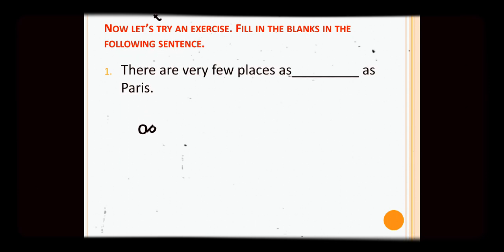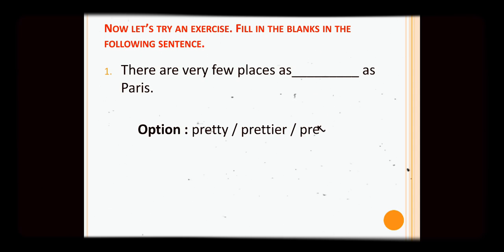Now let us try to understand how adjectives are changed with the help of sentences. There are very few places as dash as Paris. Options: pretty, prettier, prettiest. So the answer is pretty.